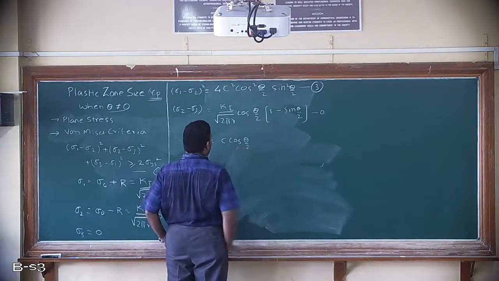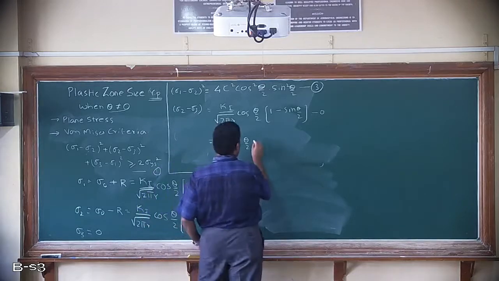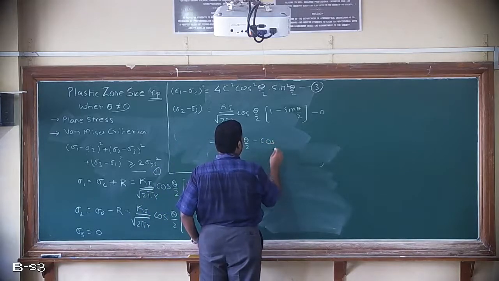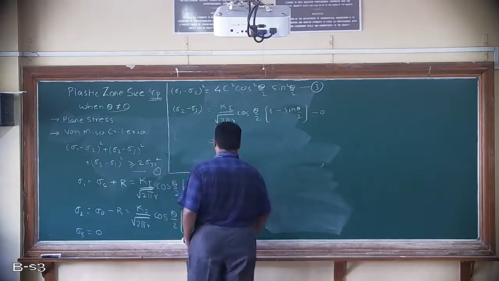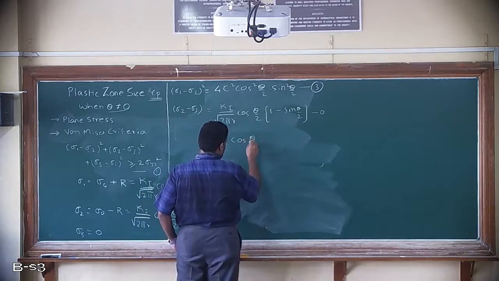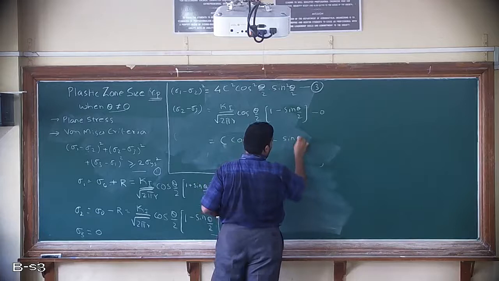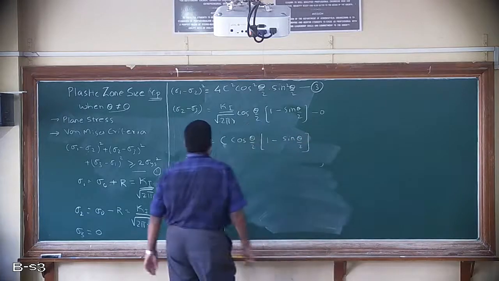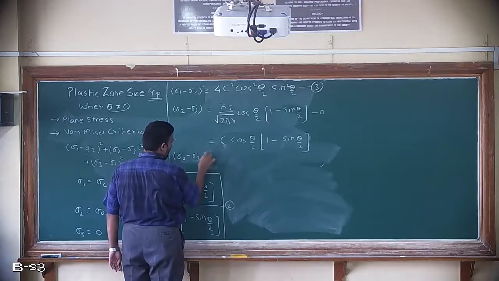I take this cos(θ/2) inside, so C cos(θ/2) (1 − sin(θ/2)). So what will be (σ2 − σ3)²?